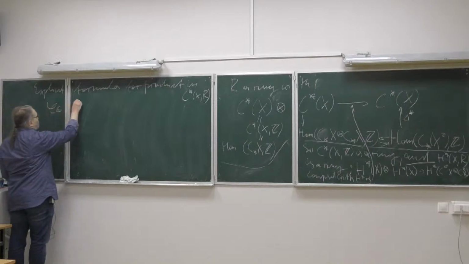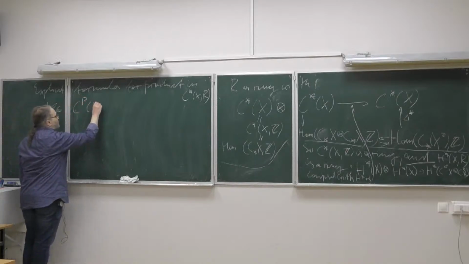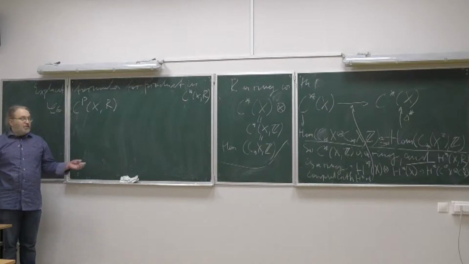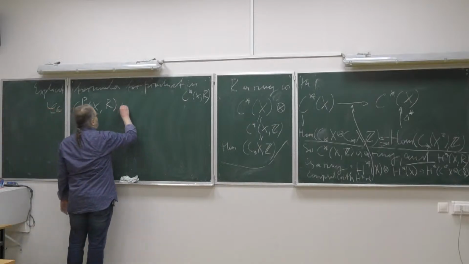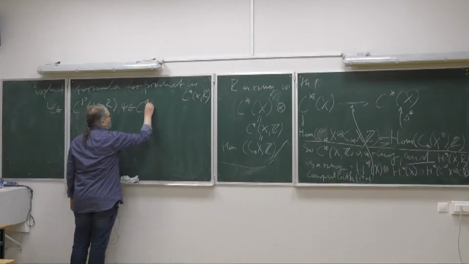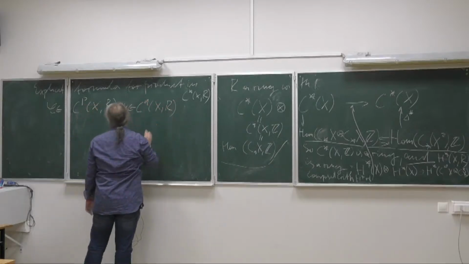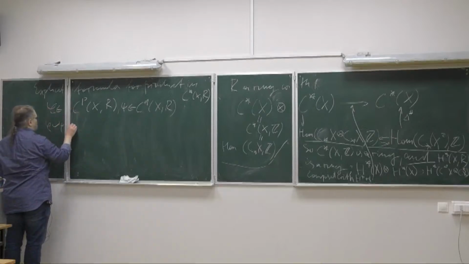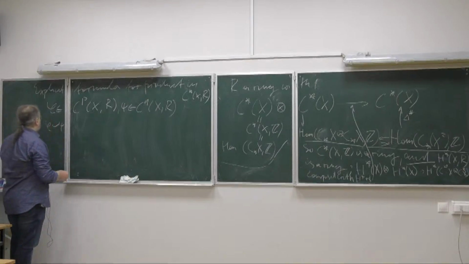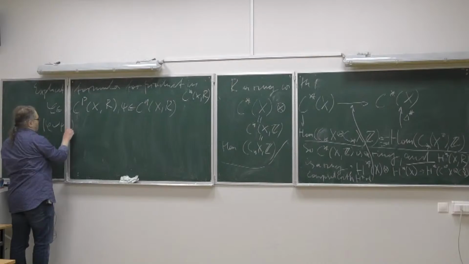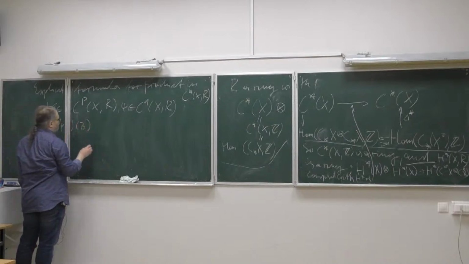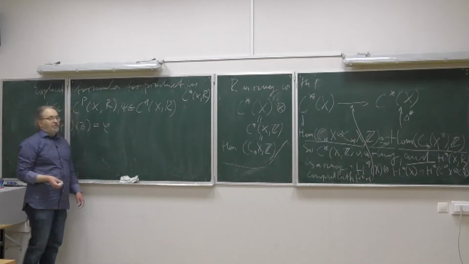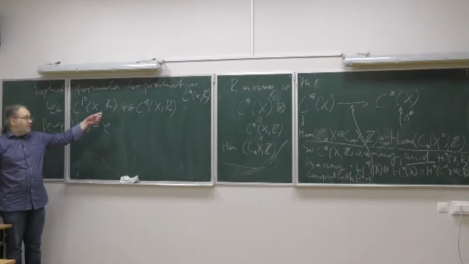Okay, suppose I have two cochains, phi and psi. And I want to calculate the product of the two.